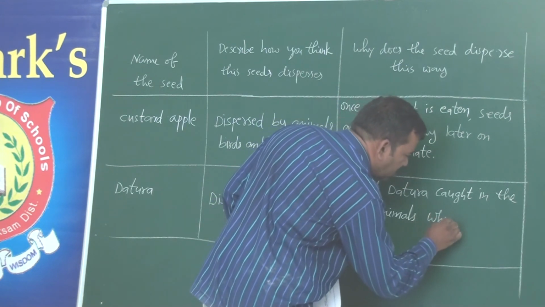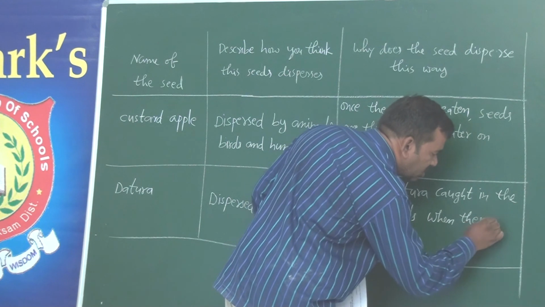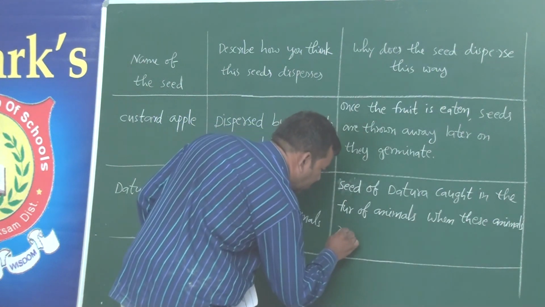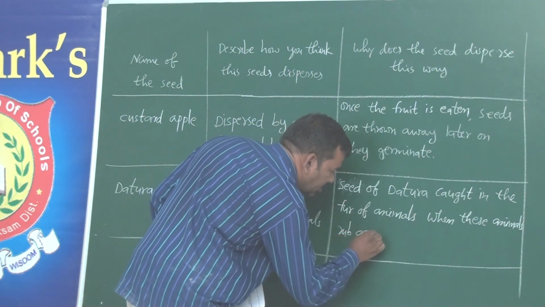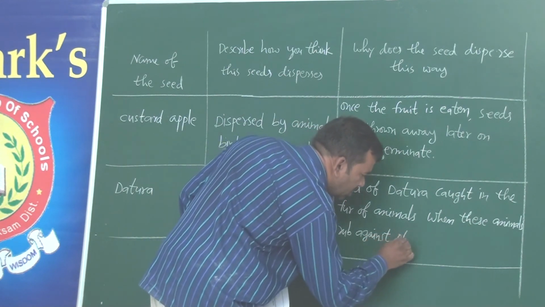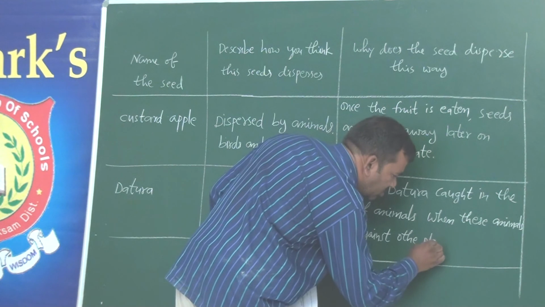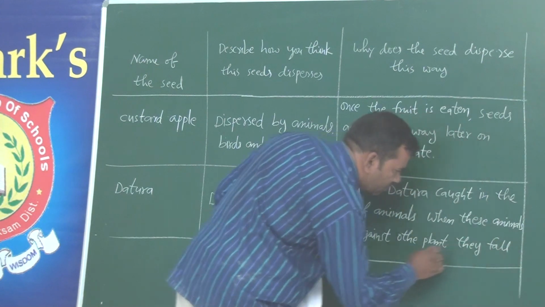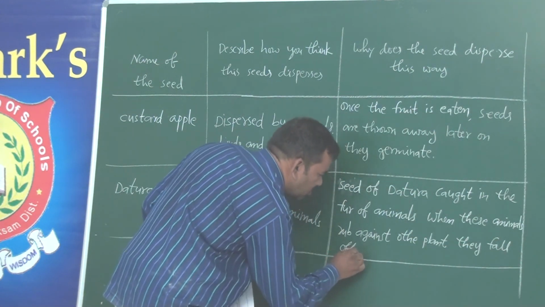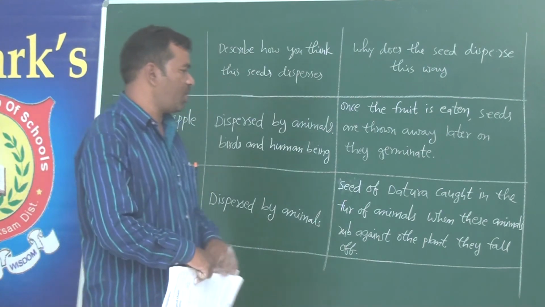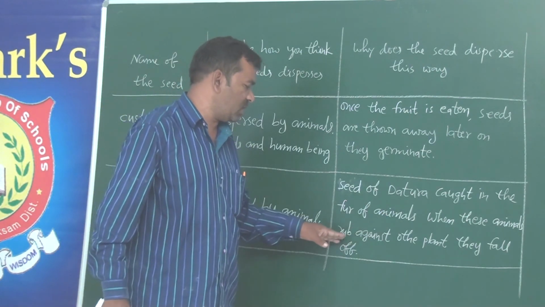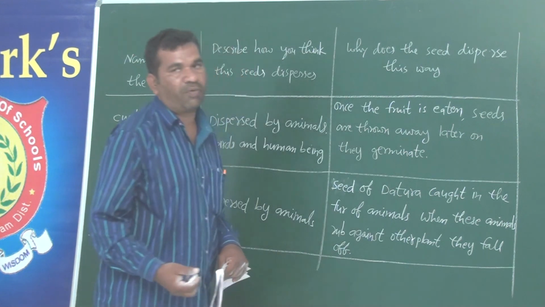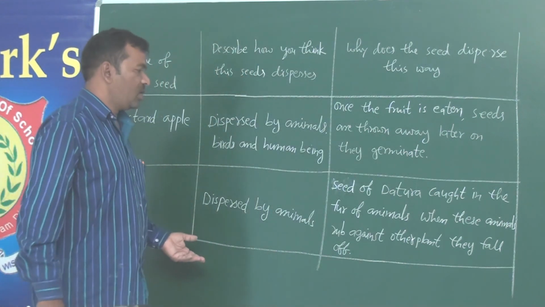When these animals rub against other plants, they fall off. Okay. Seed of datura caught in the fur of animals. When these animals rub against the other plant, they fall off. Okay. And later on, when they get favorable conditions, they get germinated.